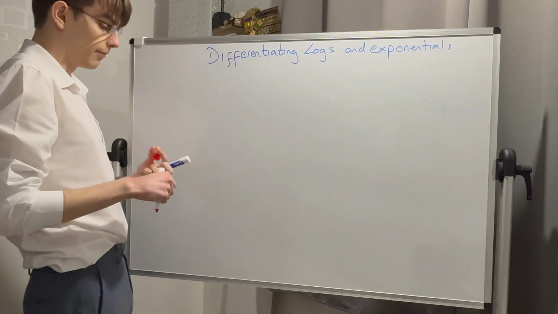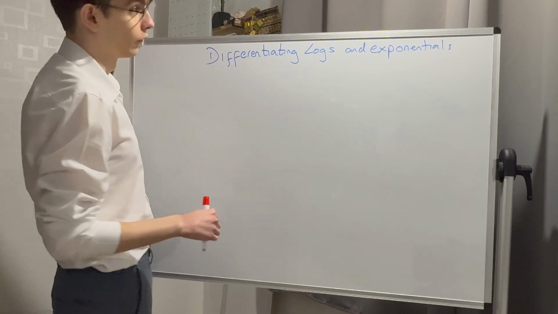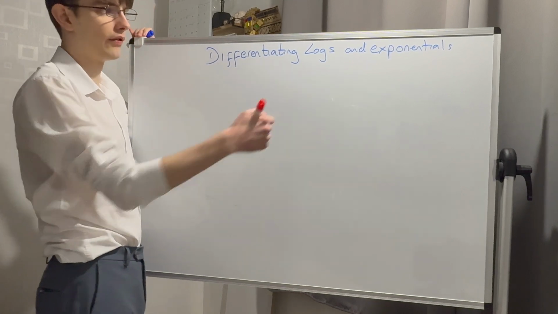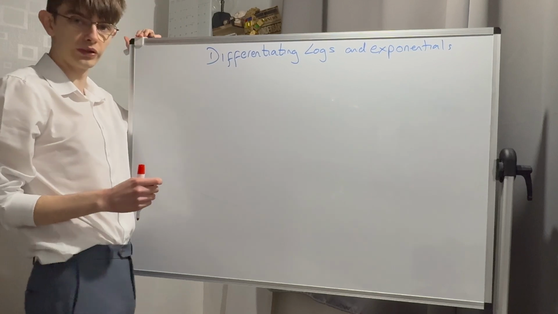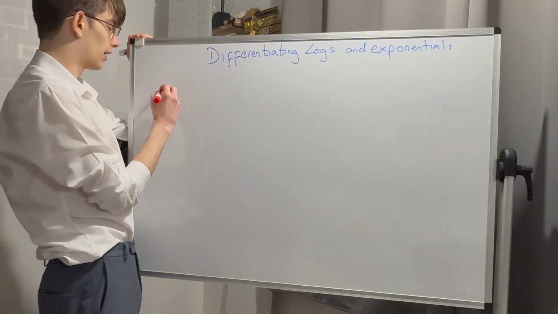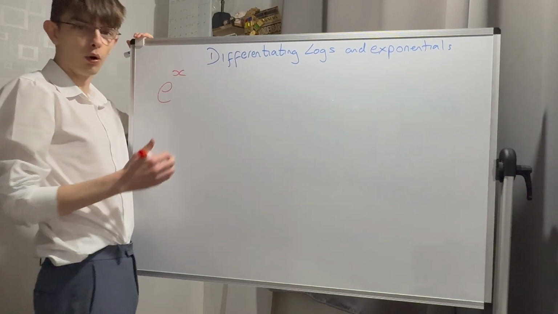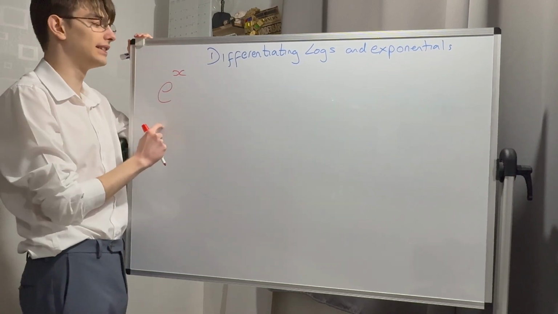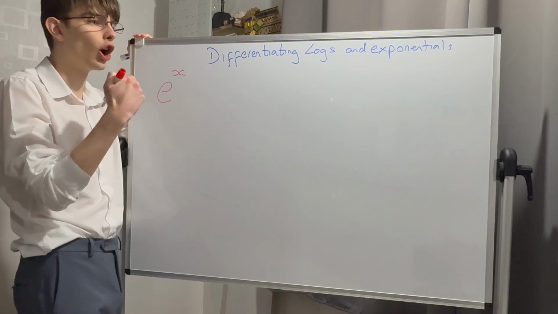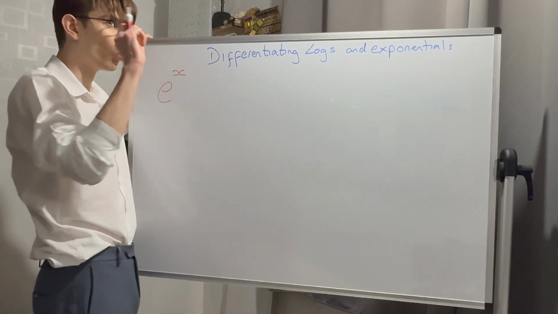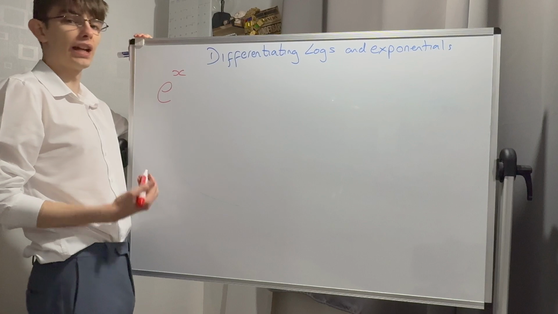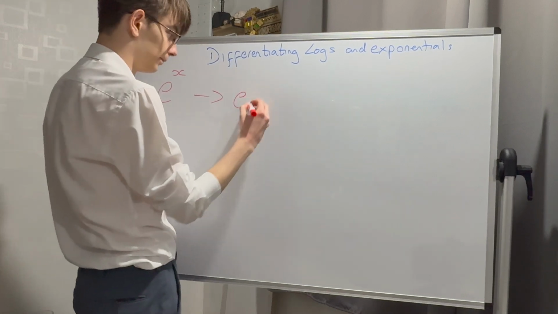If you haven't already seen it, check out my video introducing exponentials, and you'll realize that the whole reason we came up with this number e to the x was that it differentiates into itself.